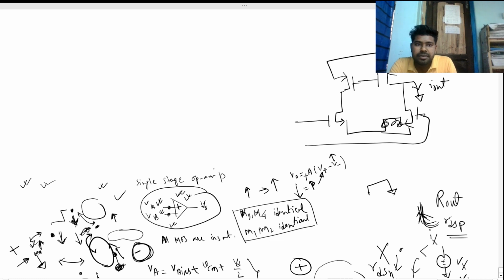This is our VD, and this is our open circuit. Now what will be our overall GM? GM is nothing but Iout by the small signal VA minus VB.